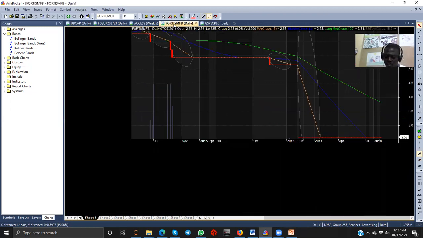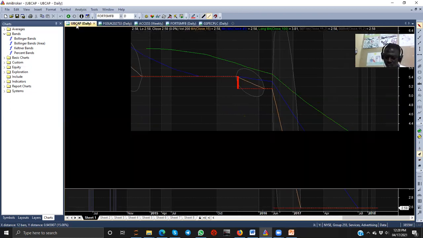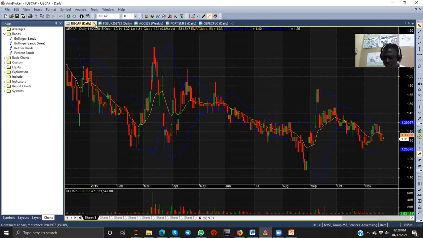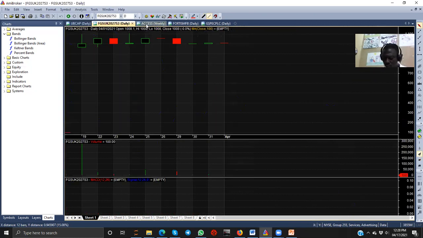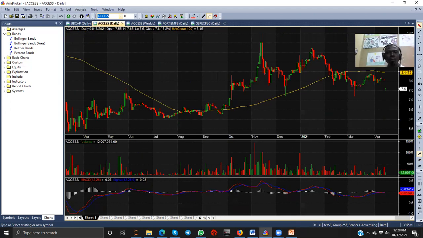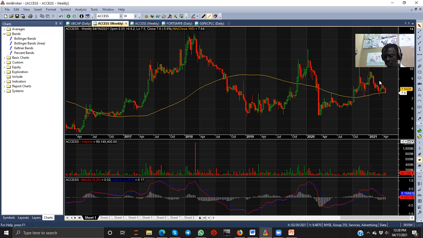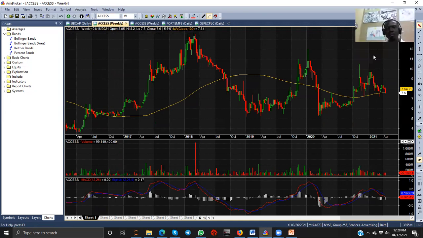Now, a Bollinger Band has what we call an upper band. Let me go for a plain chart so that you can see. So a Bollinger Band has two levels, the upper band and the lower band. It's calculated using standard deviation.